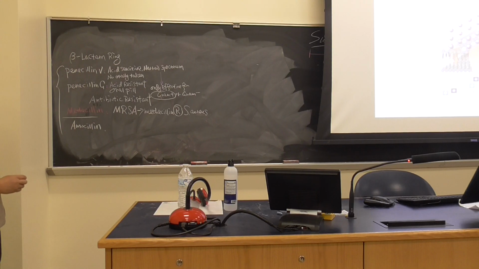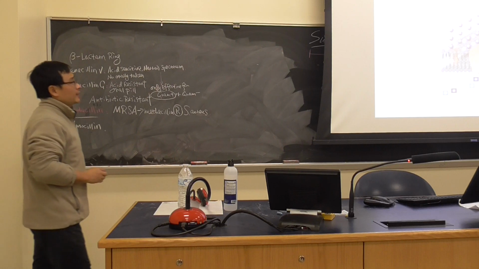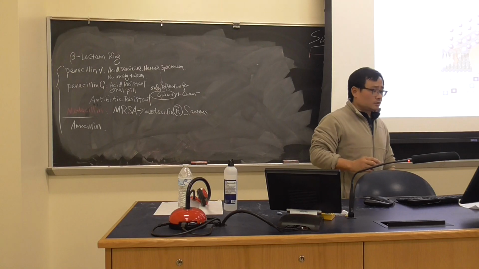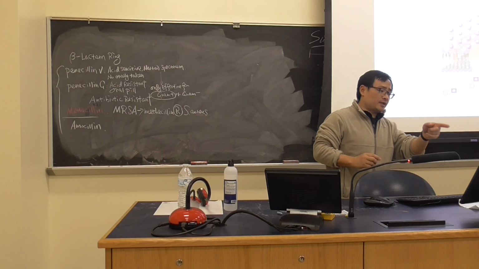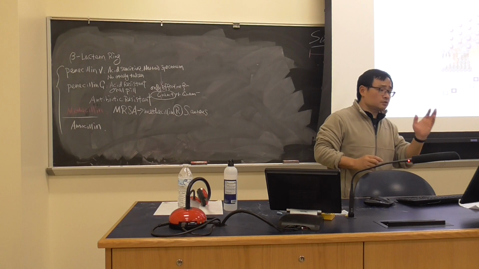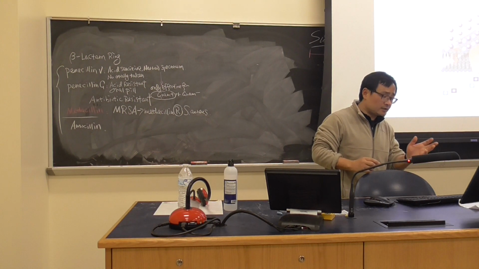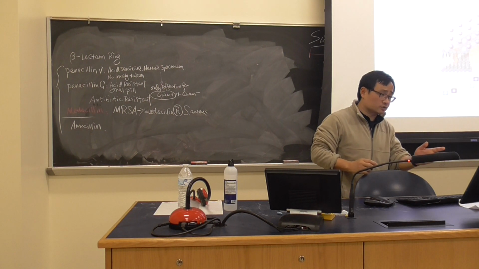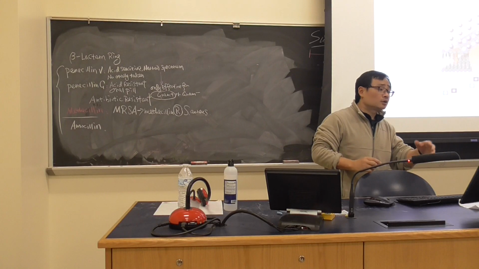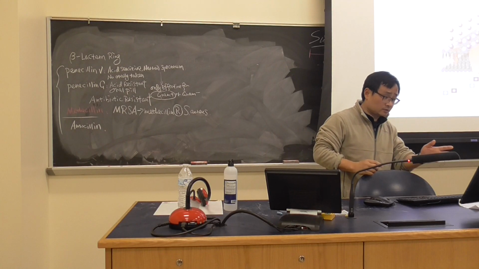And what happened is, beta-lactam drugs, you can see here, they inhibit penicillin binding protein. This name is very ironic. When people did the research about the mechanism of beta-lactam drugs, they found these proteins, called the penicillin binding protein.